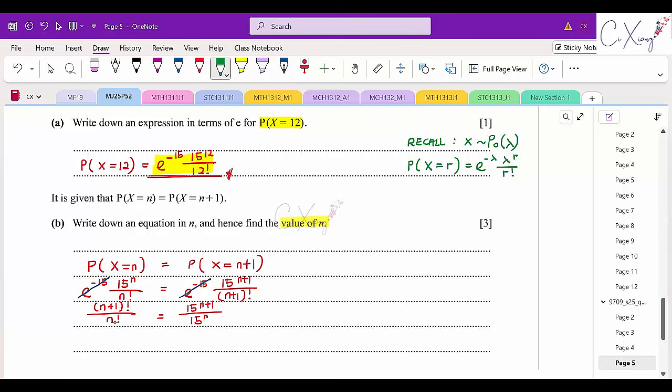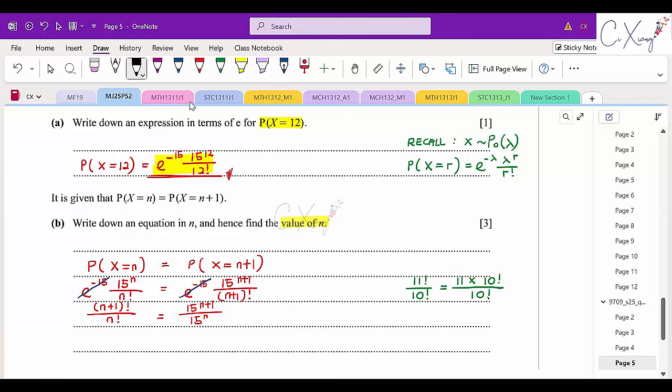As an example, let's say n is 10. Sorry, n plus 1 is 11, then n is 10. So how can I simplify 11 factorial divided by 10 factorial? Basically, you know that it should be 11 multiplied with 10, 9, 8, 7, 6, 5, 4, 3, 2, 1. You can expand it to become 11 multiplied with 10 factorial, divided by 10 factorial.